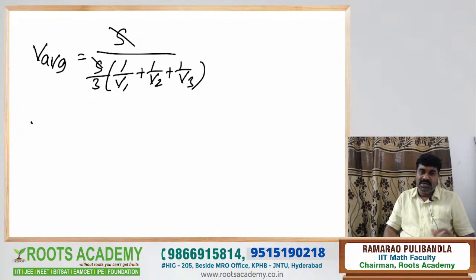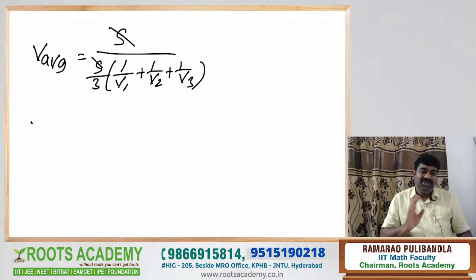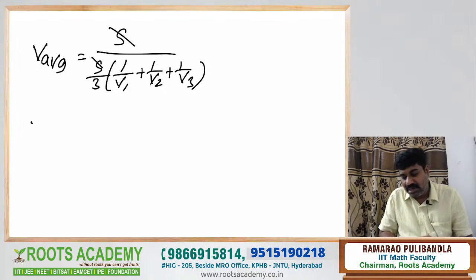For two equal displacements, the average velocity is 2 v1 v2 by v1 plus v2. For three equal displacements, it is 3 v1 v2 v3 by v1 v2 plus v2 v3 plus v3 v1.